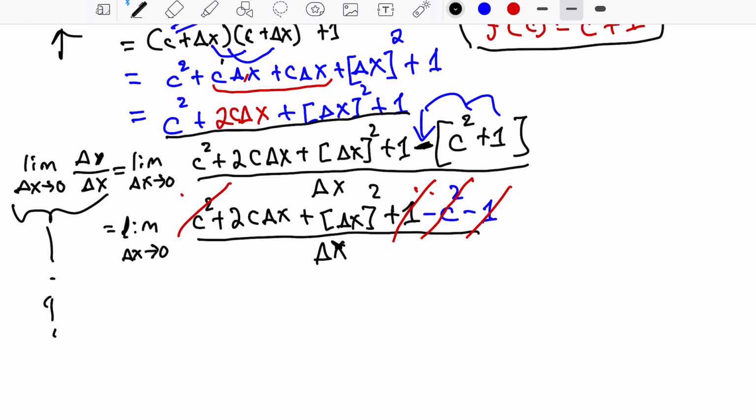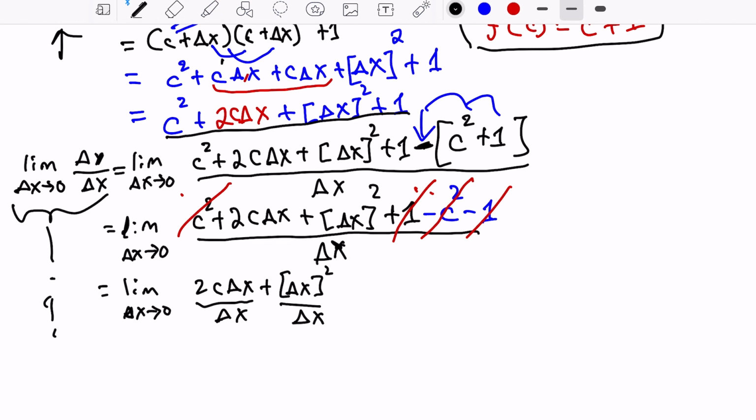Now I'm left with, once again, we need to do the limit as delta x approaches 0. I'm left with 2c delta x plus delta x squared within square brackets, and I can simplify it by separating the terms, just like so.